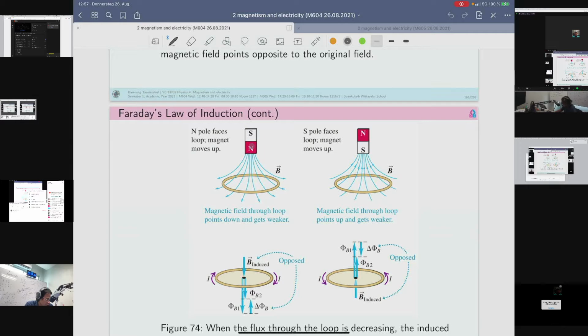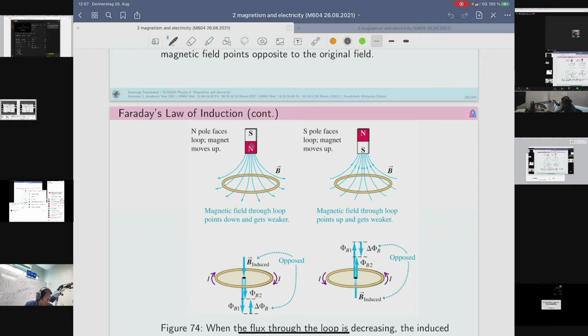We move it out of the conductor, and we would find that before, the flux has a vector pointing downward, right? And when you move it out of the conductor, the magnetic flux is going to be lighter. It's going to have less impact on the conductor, right?